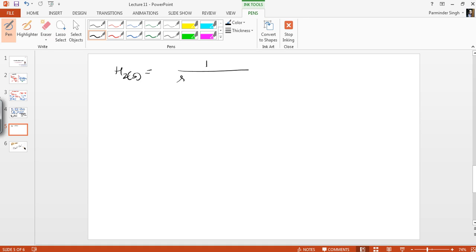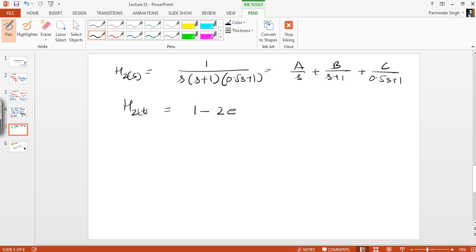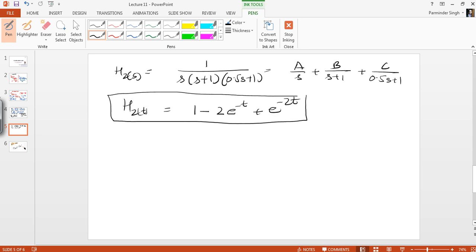H2(s) will be something like 1 over s(2s plus 1)(0.5s plus 1). You can take the partial fractions and solve for A, B, C. Clear? And then you have your H2(t), which comes out to be 1 minus 2e^(-t) plus e^(-2t). That's your H2(t).